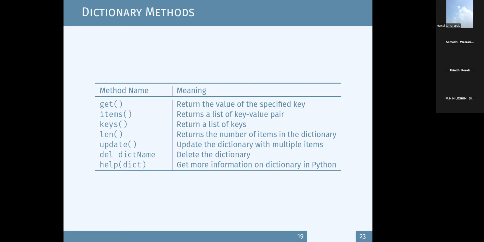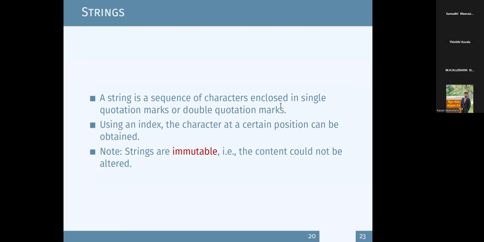If you need more information about dictionaries, you can always use help dict. And if you need a particular method, you can use help dot the method name. Right. So let's move on to the last part of today's discussion.